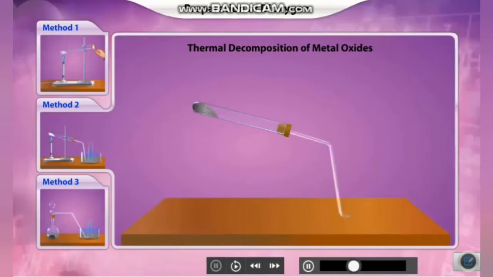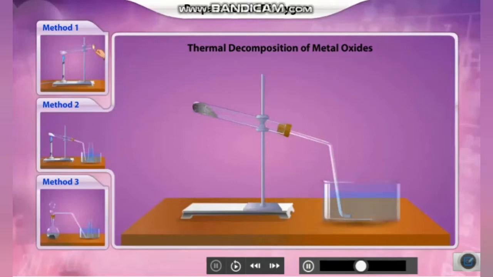The test tube is then fitted to a stand in a slanting position. The other end of the delivery tube is immersed in water in a trough and covered with a beehive shelf. An inverted jar, half filled with water, is placed on top of the beehive shelf.